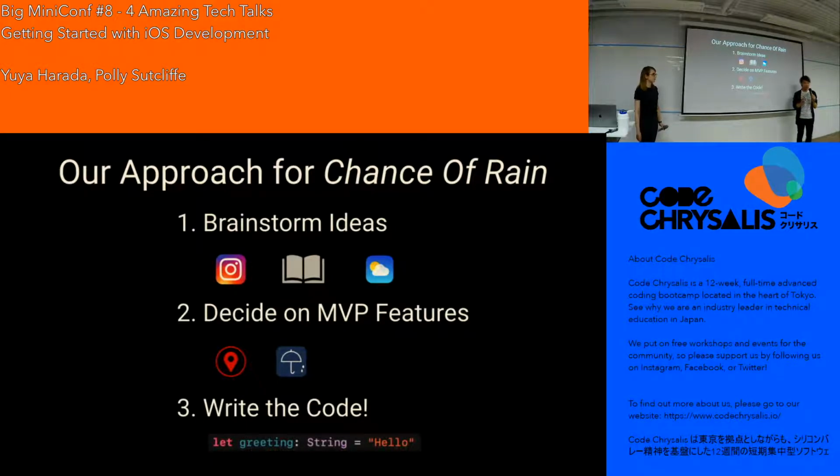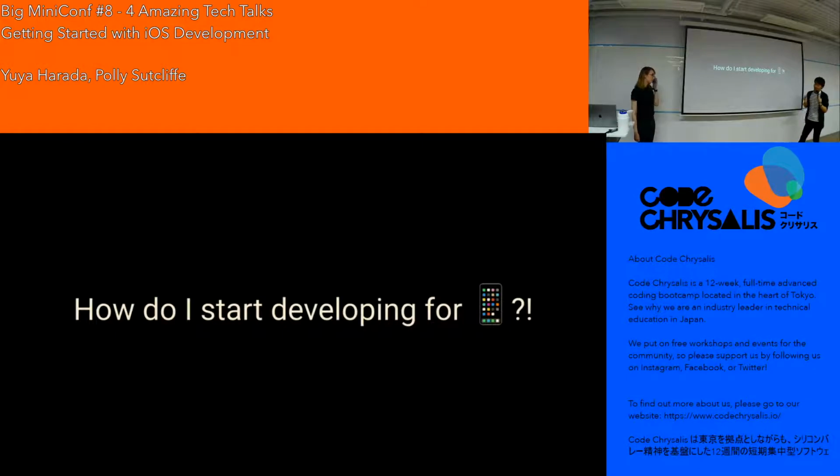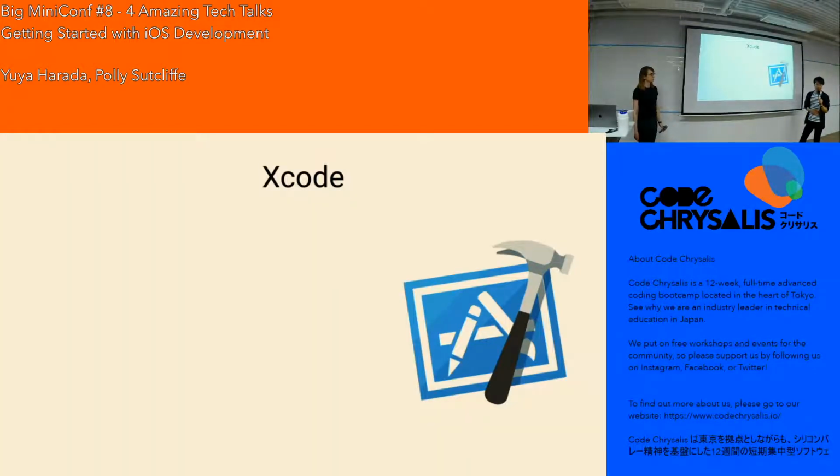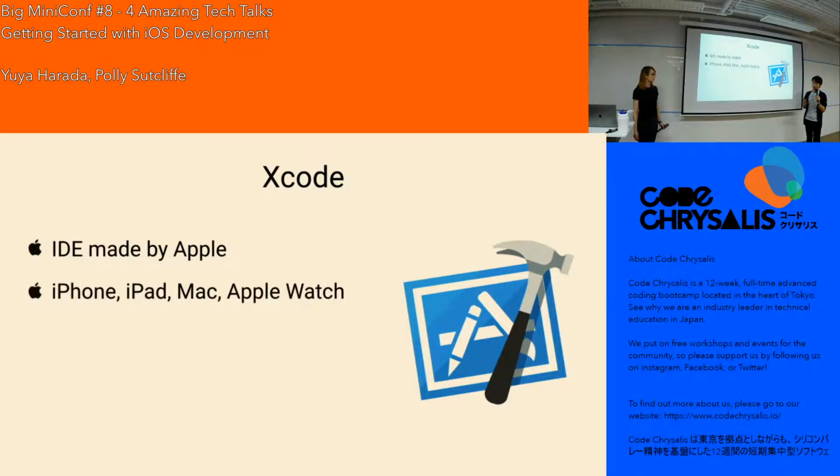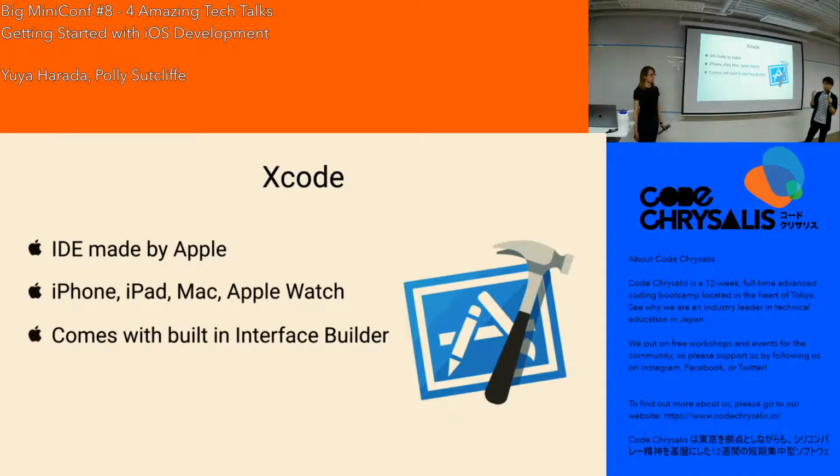So once you have an idea of the app, the question you might want to ask next is, how do we actually start writing our code? If you want to make an iOS app, Xcode is going to be your best friend. It's made by Apple, so you can make an app for Apple devices, and it comes with a built-in Interface Builder, which allows us to create beautiful graphical user interfaces.